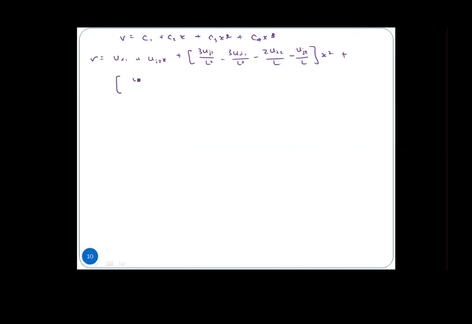Our C4 is uj2 over L squared plus ui2 over L squared minus 2 uj1 over L cubed plus 2 ui1 over L cubed, x cubed.